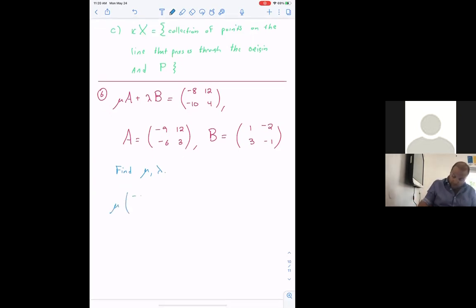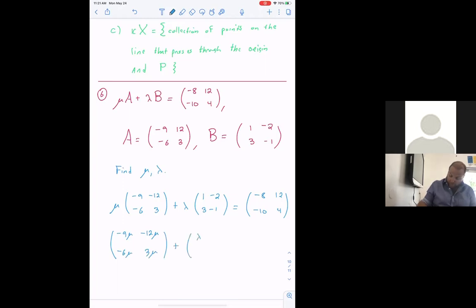mu times -9, -12, -6, 3 plus lambda times 1, -2, 3, -1 equals -8, 12, -10, 4. So I get -9 mu, -12 mu, -6 mu, 3 mu, plus lambda, -2 lambda, 3 lambda, negative lambda, equals -8, 12, -10, 4.